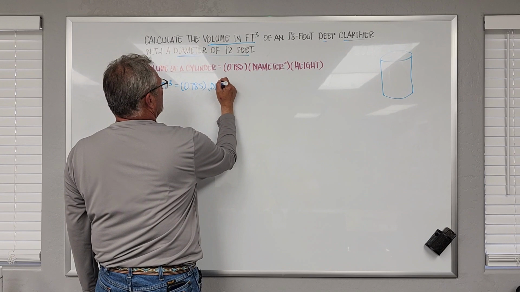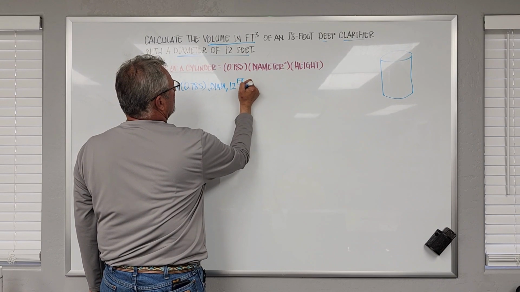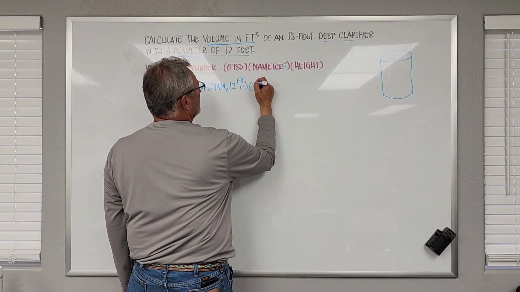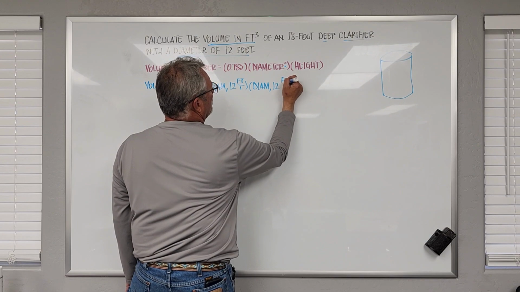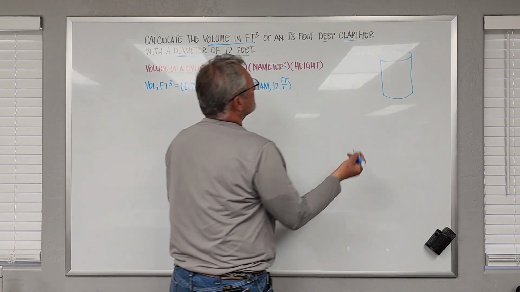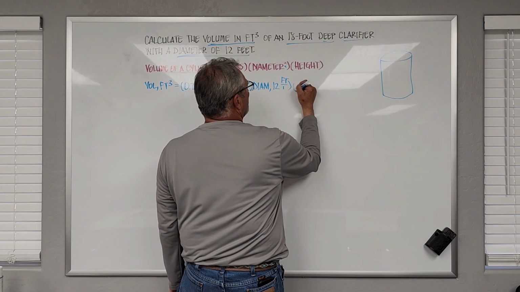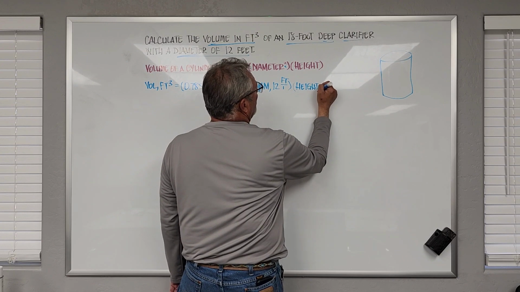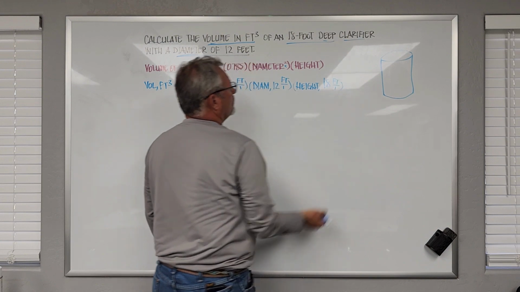So I'm gonna write diameter 12 feet over 1. I'm gonna do it again because it wants 2 of them, right? So diameter 12 feet over 1. Now this basin, this clarifier, is 18 feet in depth. So here it says height. I'll do height is 18 feet over 1.